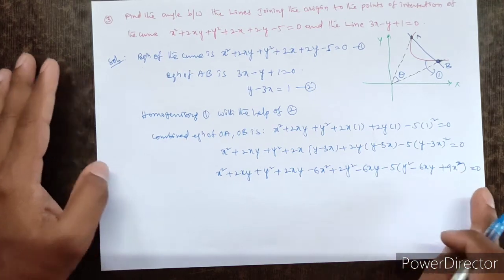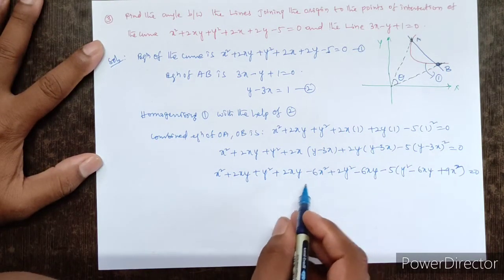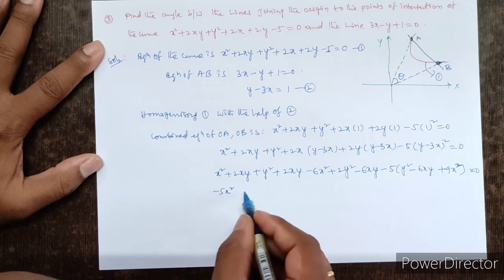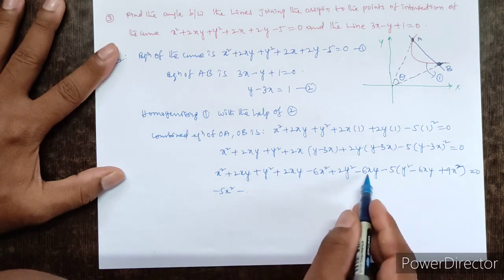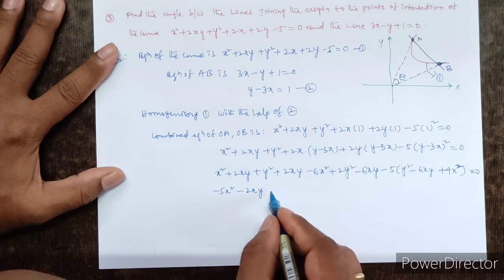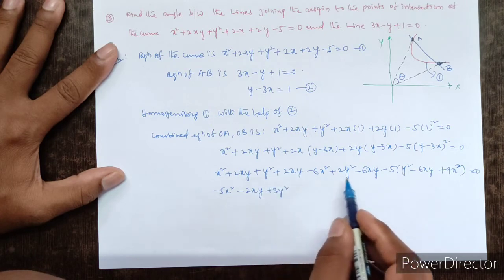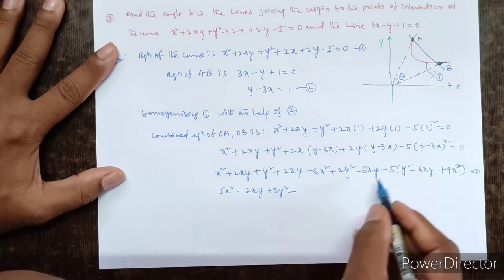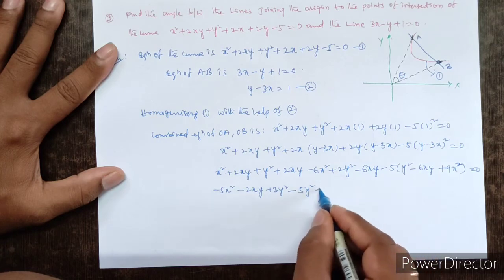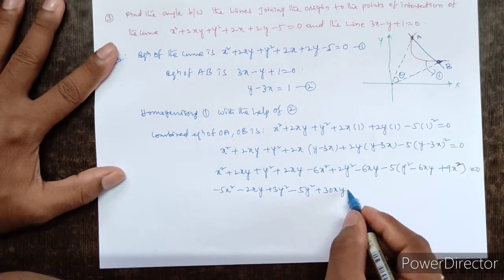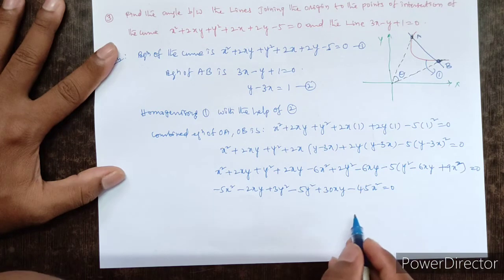So x square minus 6x square minus 5x square, minus 2xy plus 4xy, minus 6xy, plus 3y square, minus 5y square, plus 30xy, minus 45x square equal to 0.